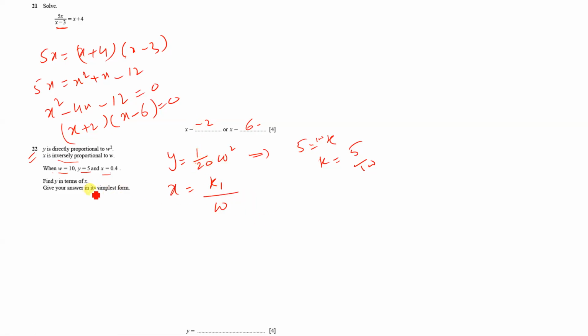And in order to find k1, we have x is equal to 0.4 and w is 10. So 0.4 is equal to k1 over 10, that is k1 is 4. So let's write 4 here. So these are the relation between x, y and w. So next question is, find y in terms of x. Give your answer in its simplest form. So in order to find y in terms of x, we have to find w in terms of x.